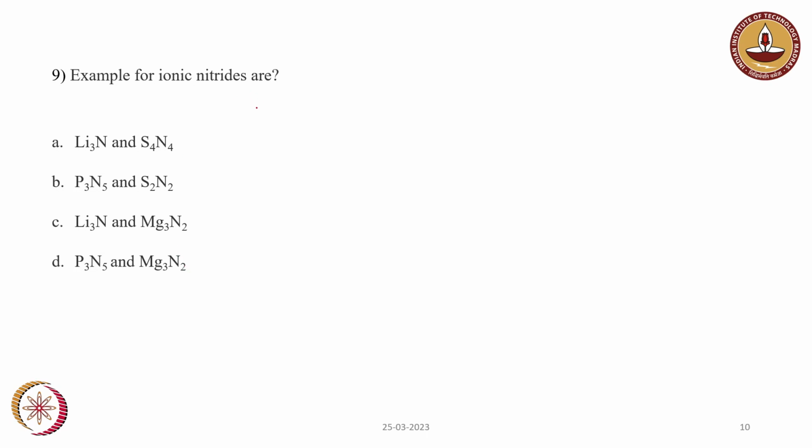So ionic nitrides are first and second group nitrides, like Li3N and M3N2, where M is a second group element.